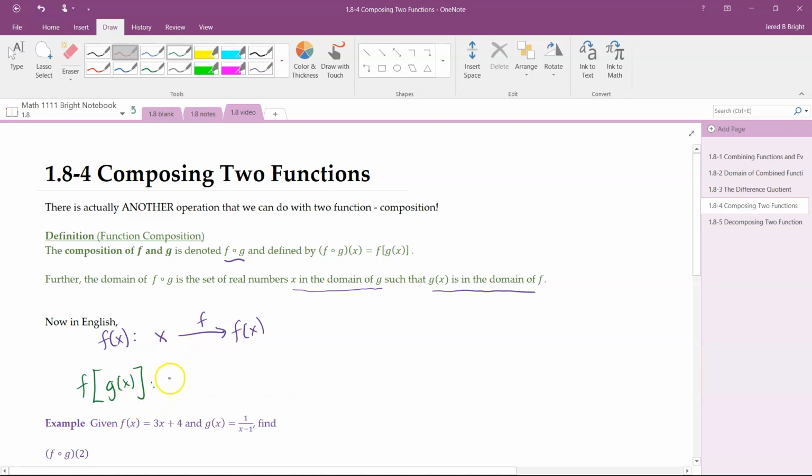We take x, run that through the function g, and we get g of x spit out at us. After that, we run this through the f function, and we get f of g of x.